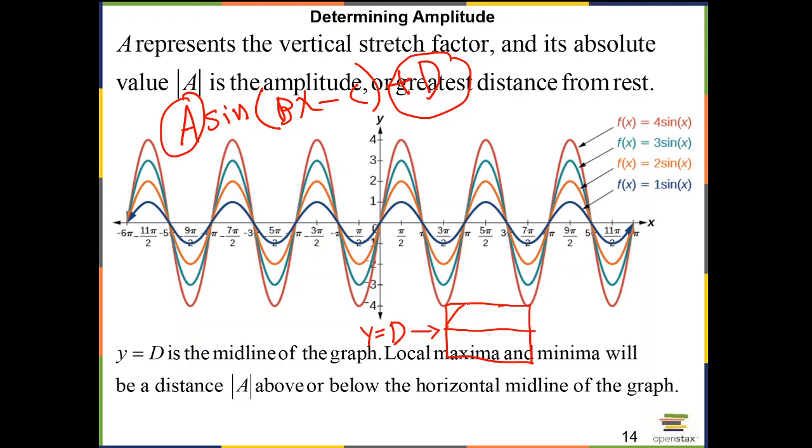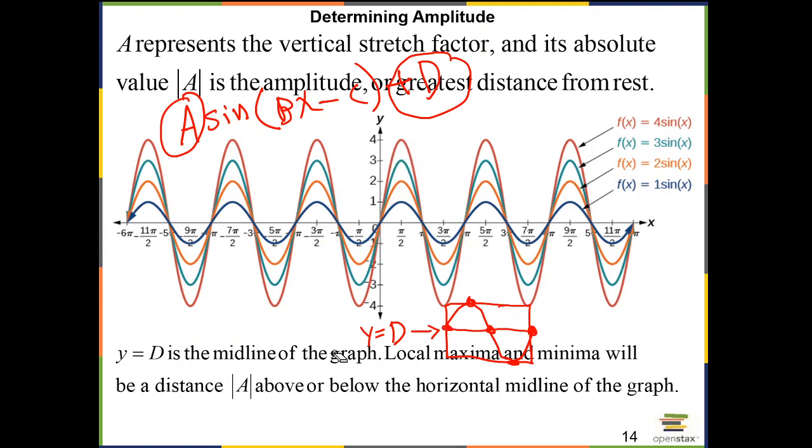And one cycle of sine looks like this, of course, right? So remember, there are 5 key points here. So the midline is y equals d, and that is the vertical shift, right? If d is 0, we start at 0.